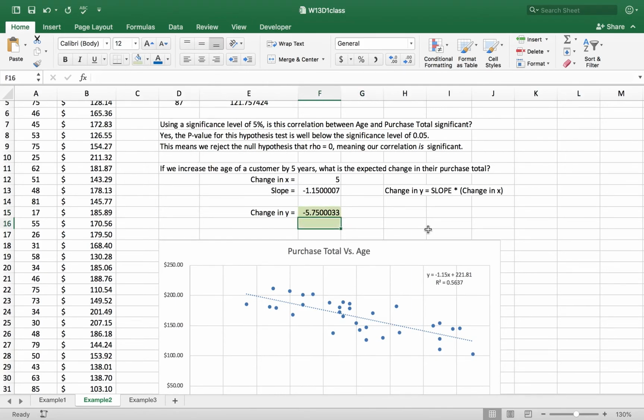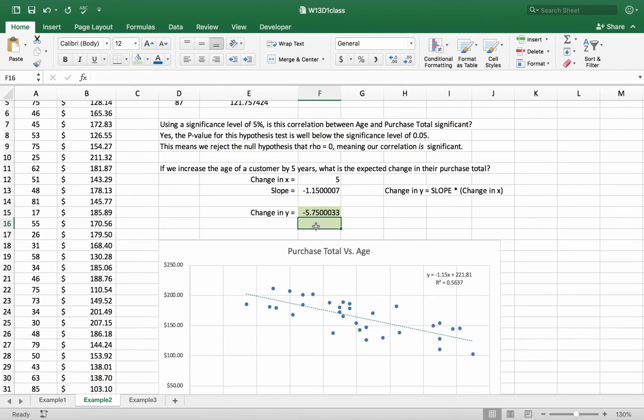Now let's actually interpret this, because it's very important to know what that number actually means. If our x value, the age of our customer, increases by 5 years, the change in y is negative. When we're dealing with changes, a negative change means a decrease. So our purchase totals are actually going to decrease by the magnitude of what's left over.